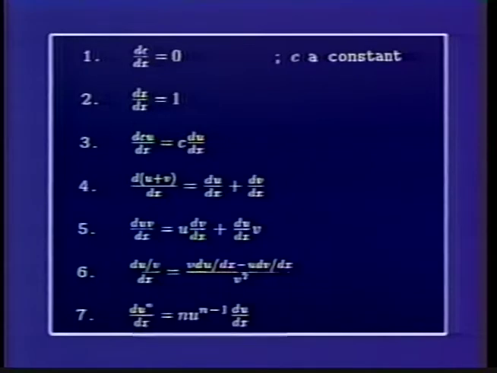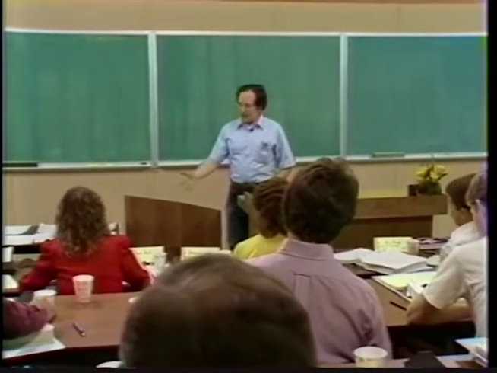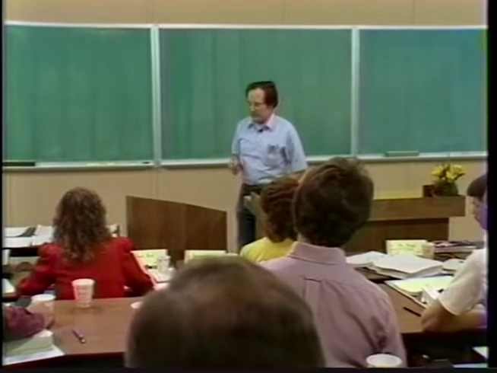Okay, and what we have here are rules from a calculus book. These are rules for finding the derivatives of the expressions that one might write in some algebraic language. It says things like the derivative of a constant is 0. The derivative of the variable with respect to which you are taking the derivative is 1.